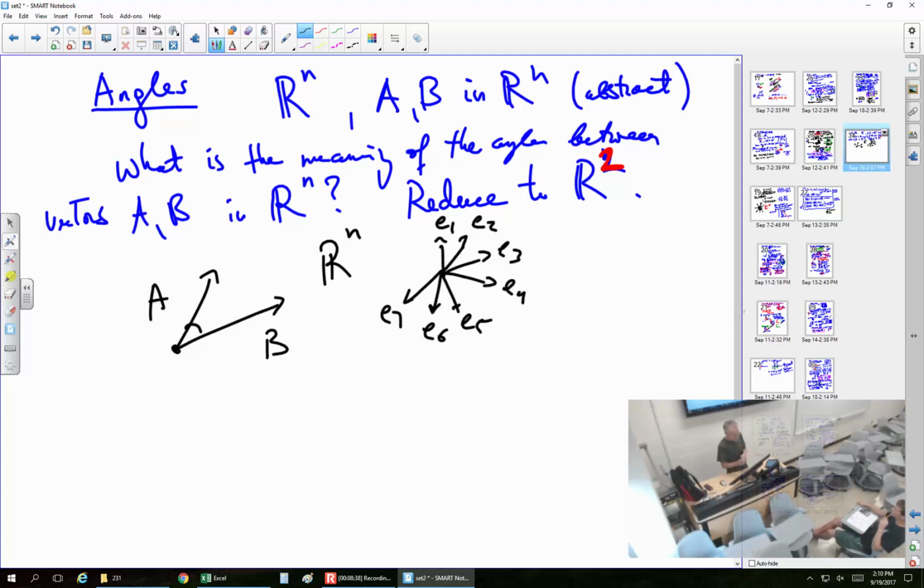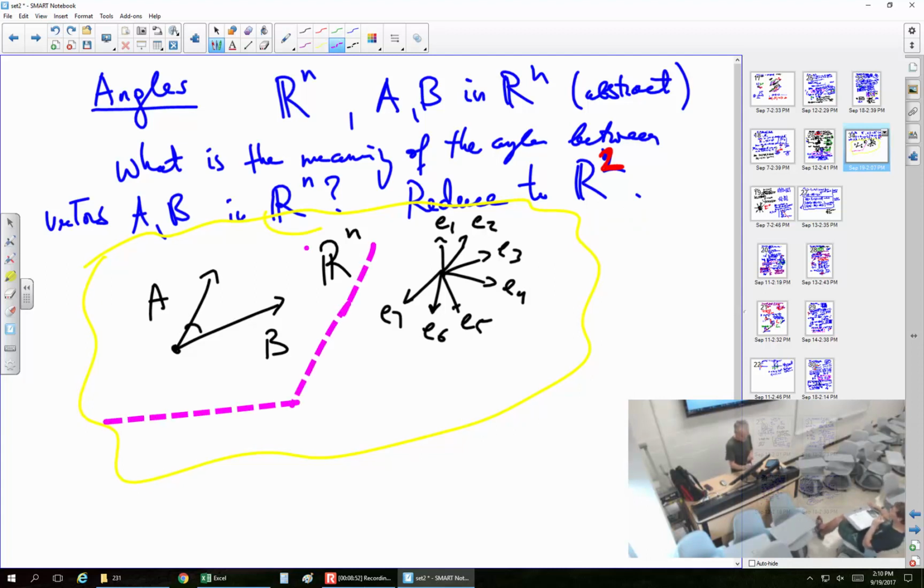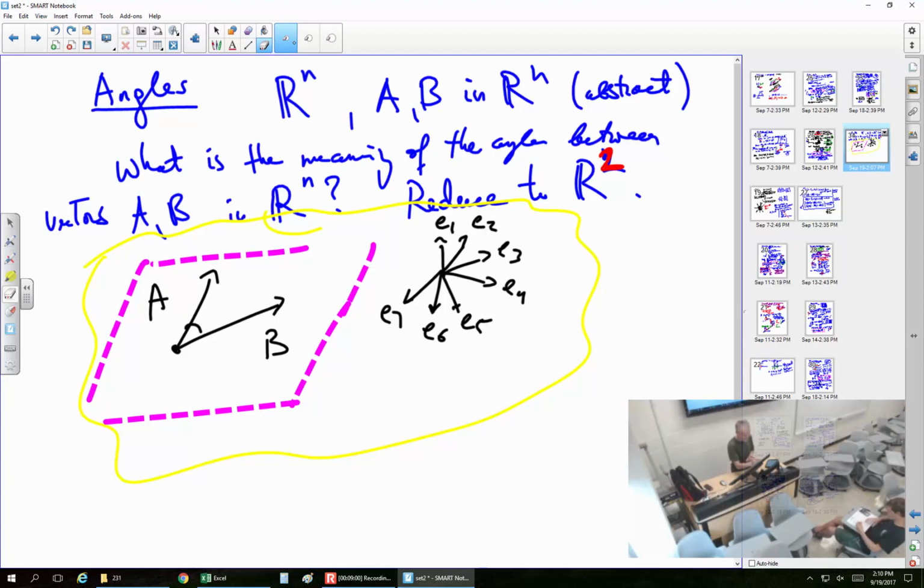There is a plane. So if we start with this big n-dimensional space, then we limit our attention to a plane that is inside of Rn.